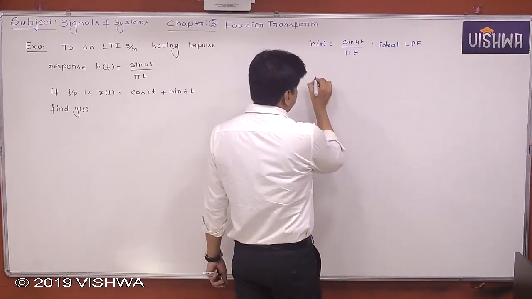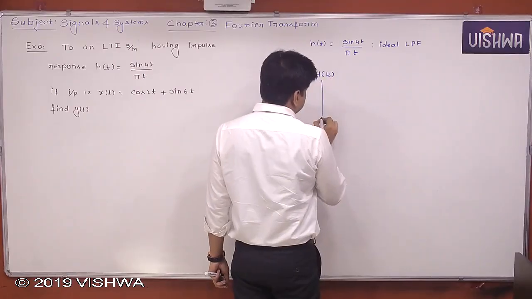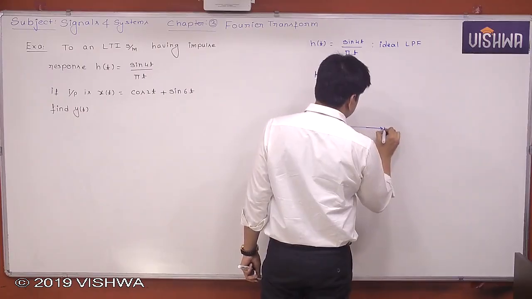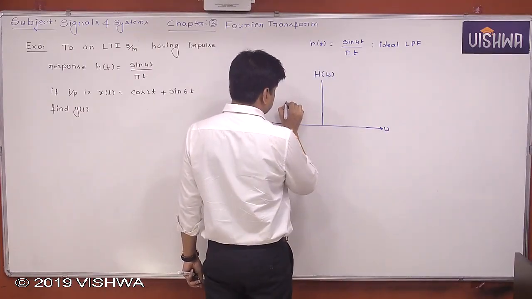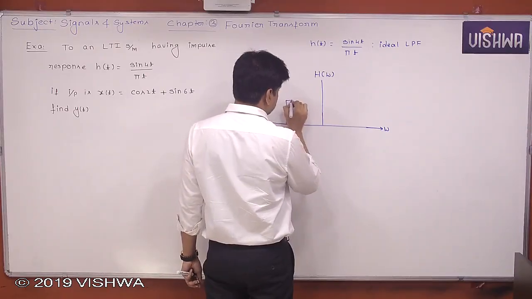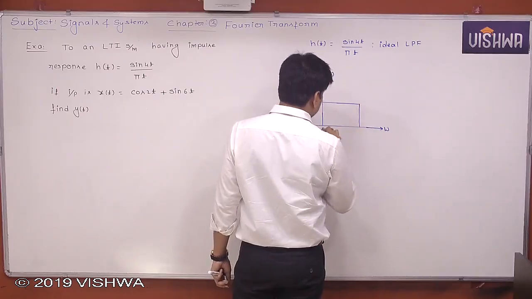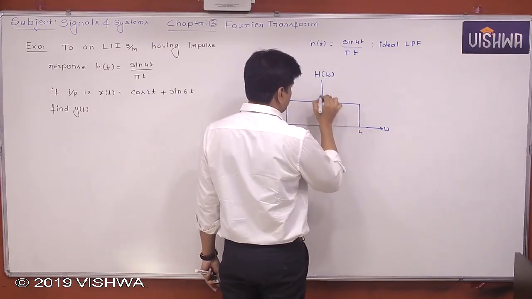If I draw H of omega with respect to omega, how does it look? It is 1 between minus 4 and plus 4, and zero elsewhere.